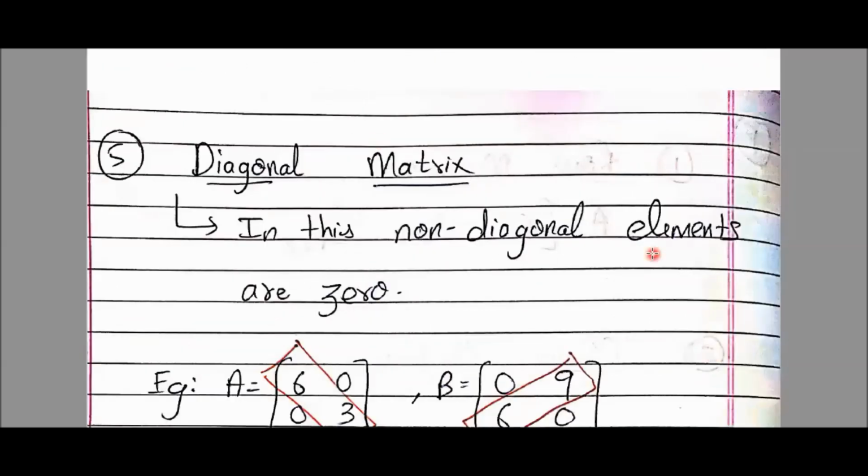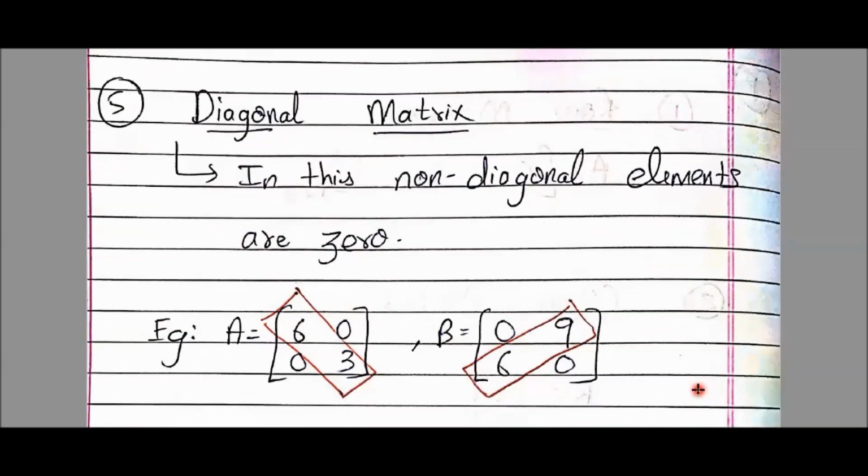Diagonal matrix. Another concept. Whenever a diagonal is formed, either starting from top left to right bottom, or starting from top right to left bottom, then it is called a diagonal matrix. See the technical definition.